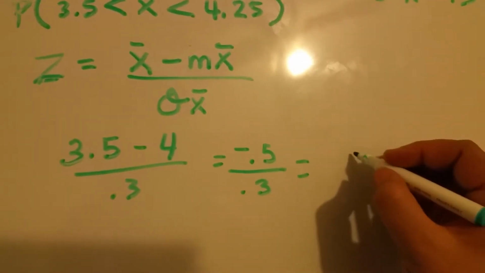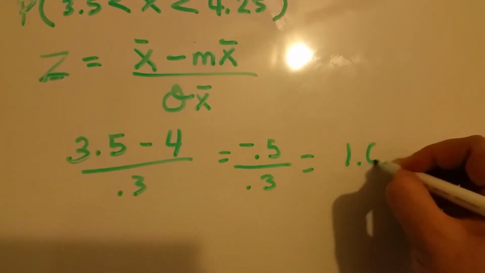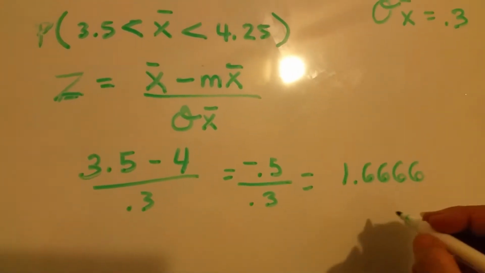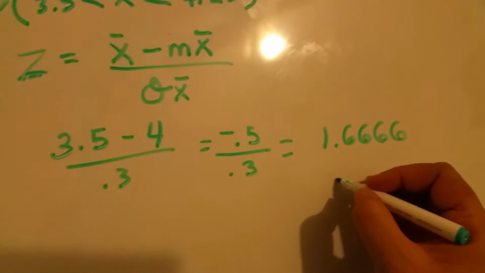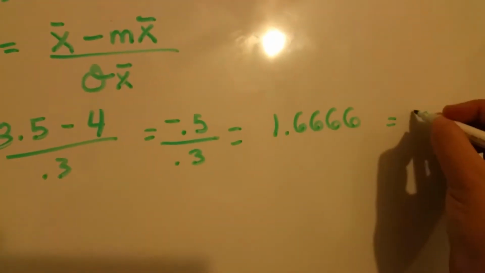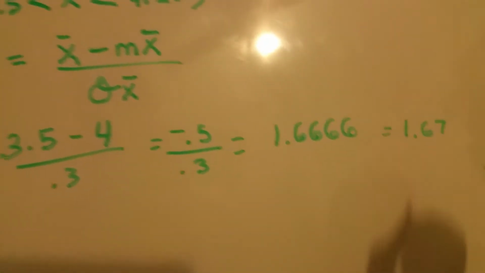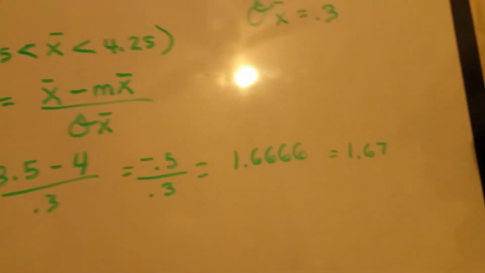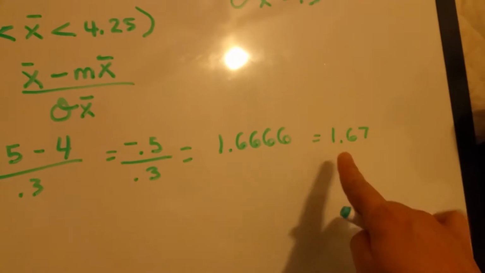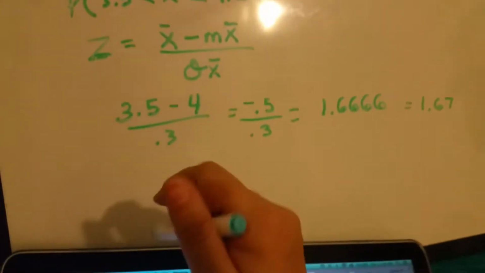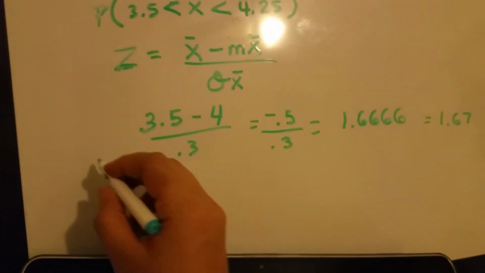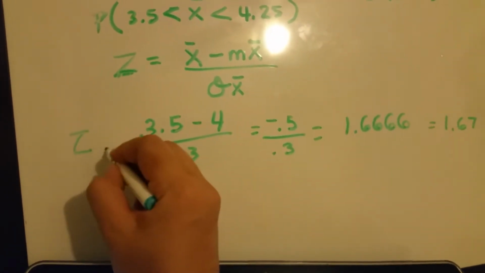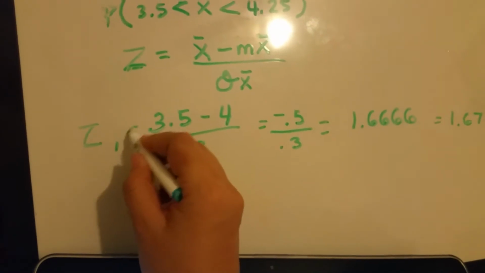That becomes negative 1.666, or you could say, if we rounded it, 1.67. Okay, so then when you go to your z table with 1.67, we're going to do that after, but let me do the second one. So this is z1, and that's what it comes out to.